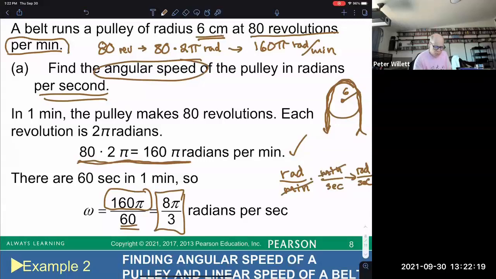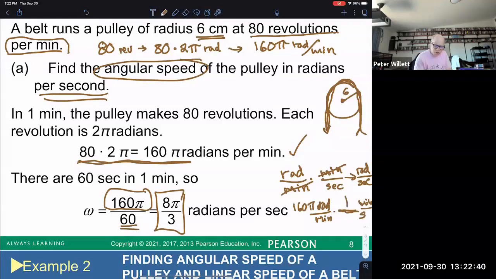So if I have 160 pi radians per minute, I'm going to multiply that by a fancy 1 that has minutes in the top and seconds in the bottom.